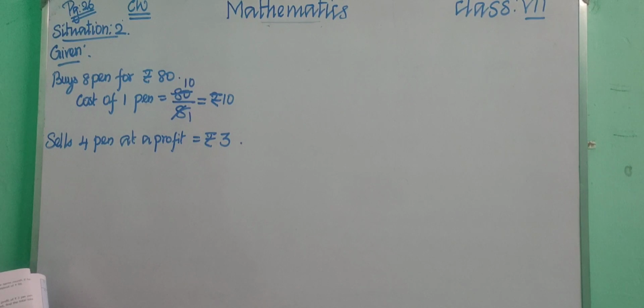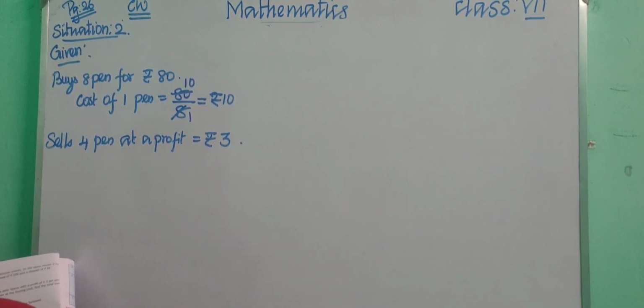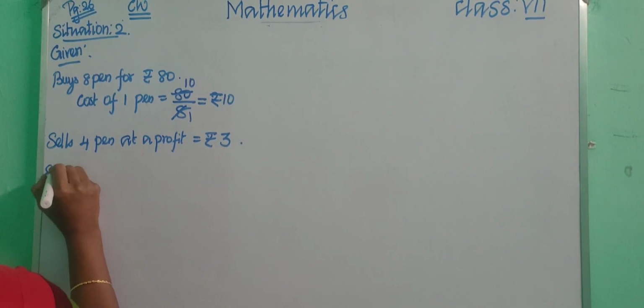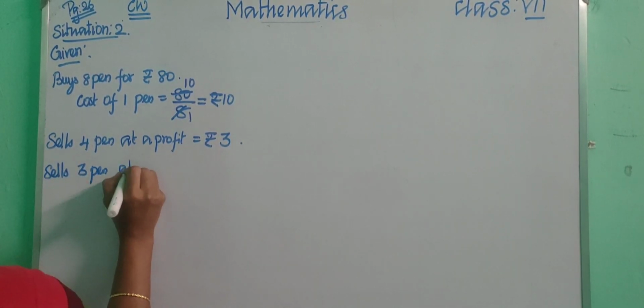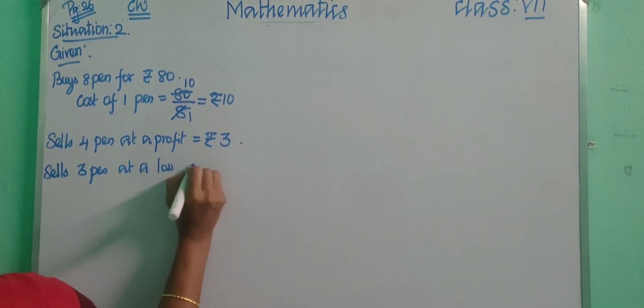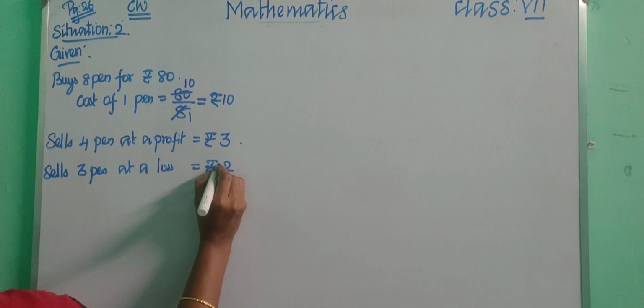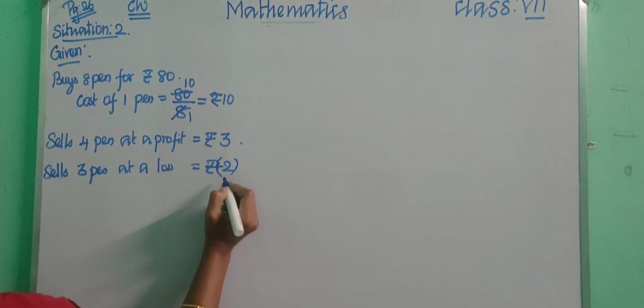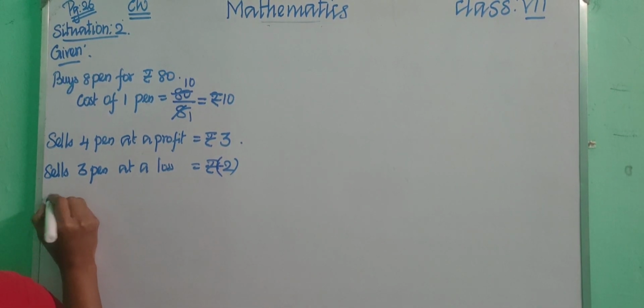Profit equal to rupees 3. And again he sells 3 pens at a loss. It was a loss of rupees 2. Loss means we can say it is minus 2. Minus 2. And 1 pen at the buying cost.